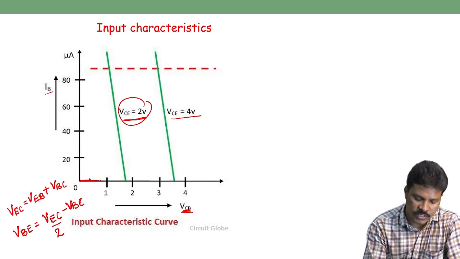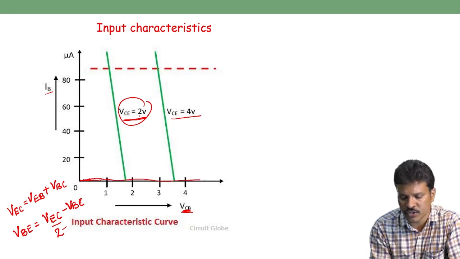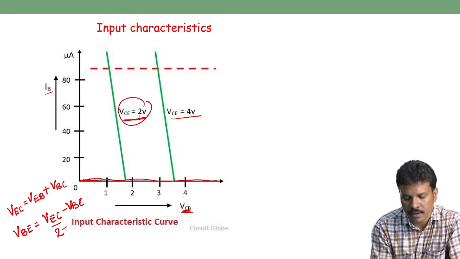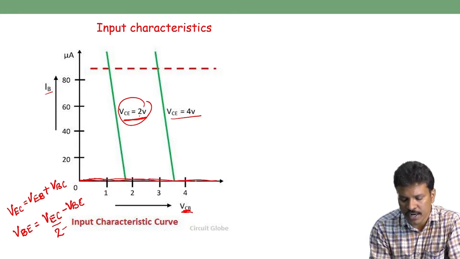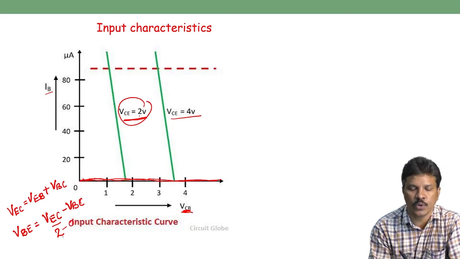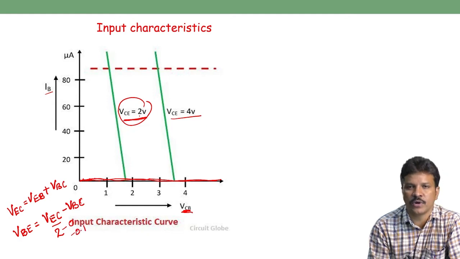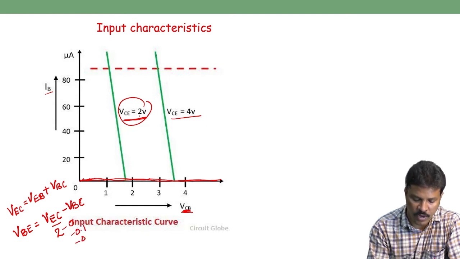Now according to the procedure, keep output voltage constant and change the base to collector voltage, starting from 0. When it is 0, 2 minus 0; 2 minus 0.1 is equal to 1.9, minus 0.2, minus 0.3, and so on.